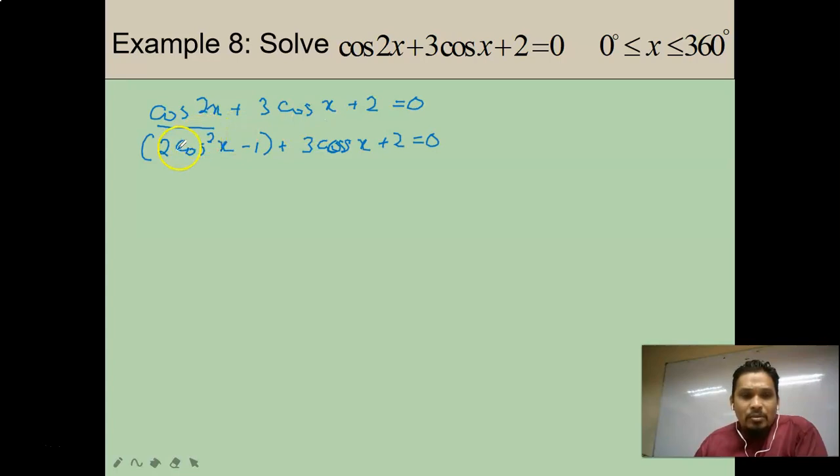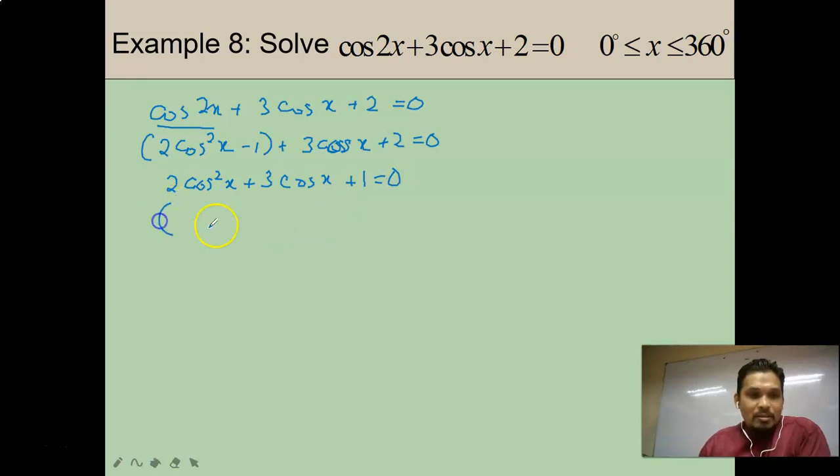You will find something similar to this: 2 cos square x minus 1. You can find out yourself which identities are related to cos 2x, and we can replace with this one here now. So this becomes negative 1 plus 2 equal to 1. So 2 cos square x plus 3 cos x plus 2 minus 1 equal to 0.